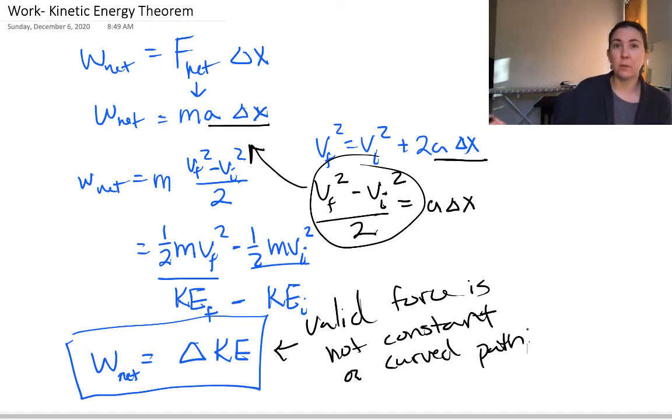And everything with kinematics is objects going in straight lines, or ways that we can split it into the x direction and the y direction. But this is a way that we can solve more complicated motion problems, because all we need to know or find is the work or the change in kinetic energy.